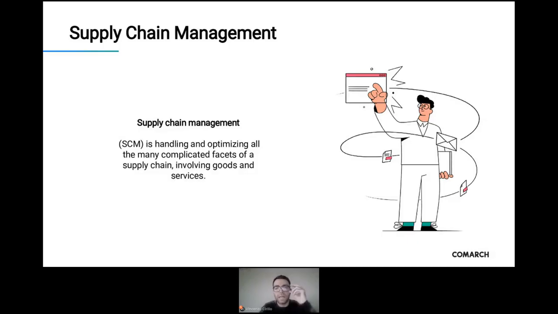Another important role is supply chain management, which includes the handling of product development, sourcing, manufacturing, procurement, and logistics, so all the stages and facets of supply chain operation.